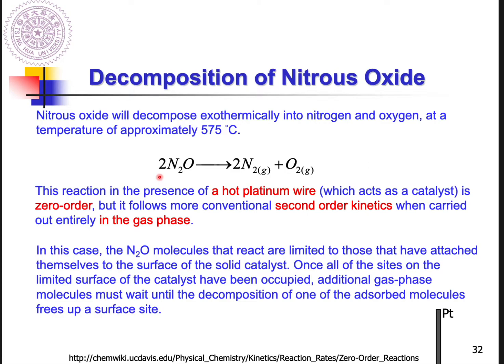We have a decomposition of nitrous oxide, and this chemical reaction can be performed at 575 degrees C, at this high temperature. But if you want to decrease the temperature or speed up the reaction rate, as you know, you can add a catalyst to lower the activation energy, right?